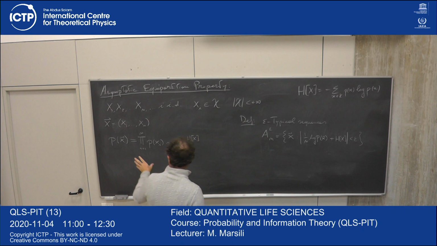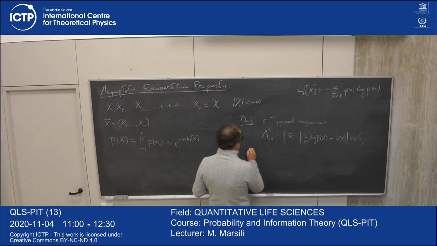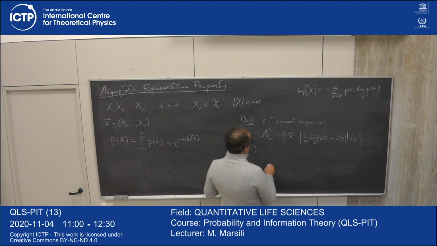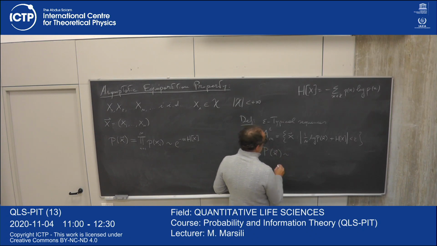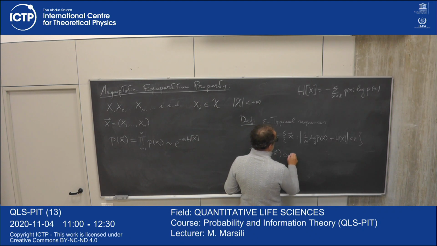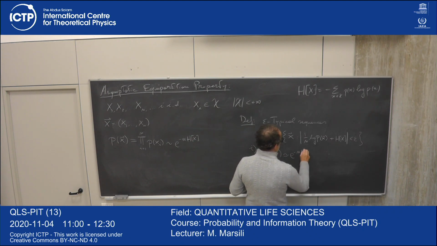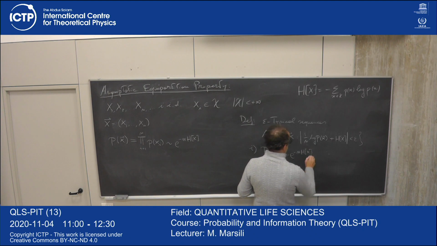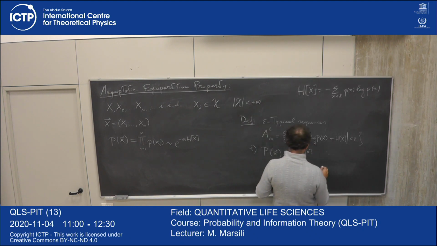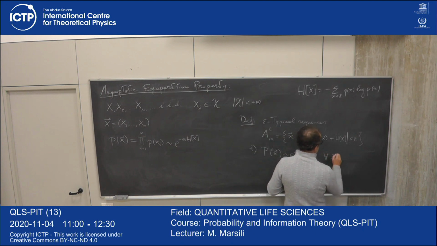Okay? So what we have just shown, so the law of large numbers tells you that the probability of x is essentially equal to e to the minus n times the entropy of x, for all epsilon typical sequences.